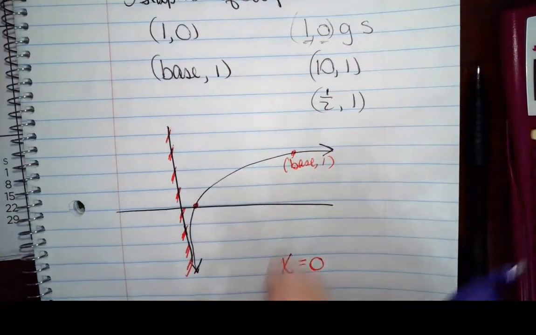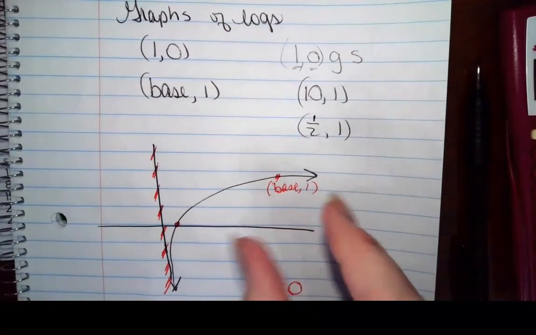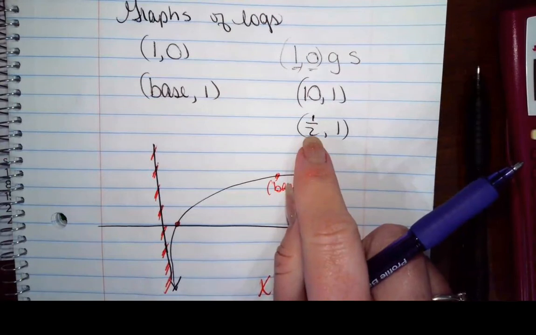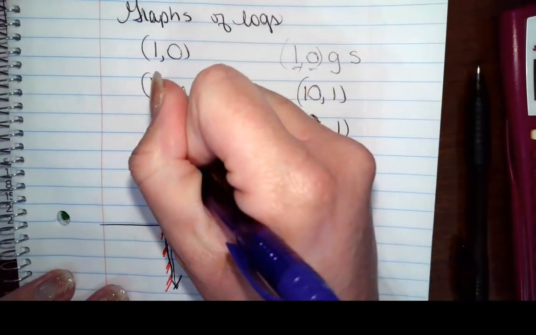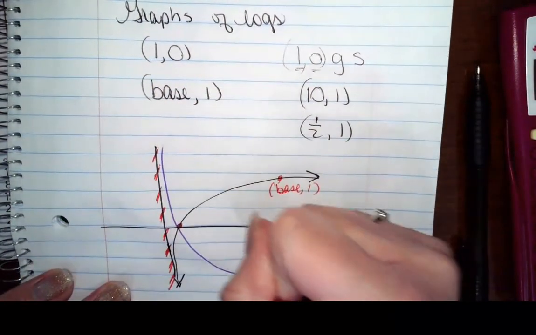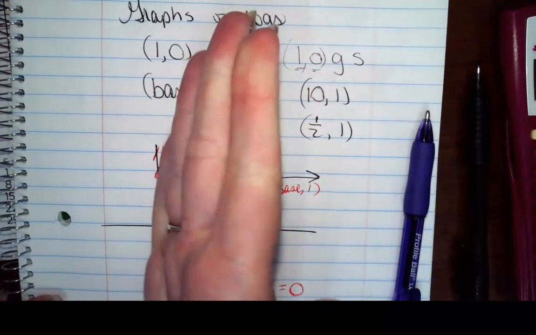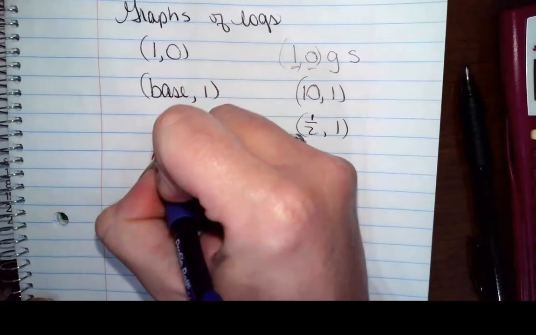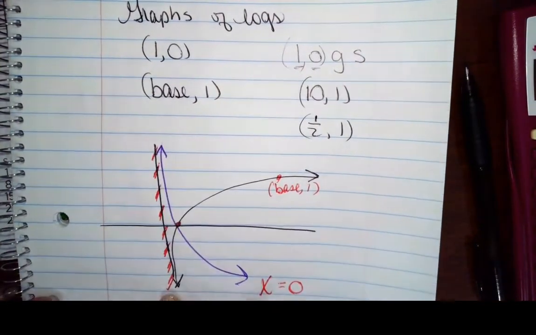So if you have a decreasing function, where your base is between 0 and 1, if your base is a proper fraction, it's going to be decreasing. So it's going to be coming down, and it's going to look like this. It'll be decreasing as you read it from left to right, but you still have your vertical asymptote at x equals 0.